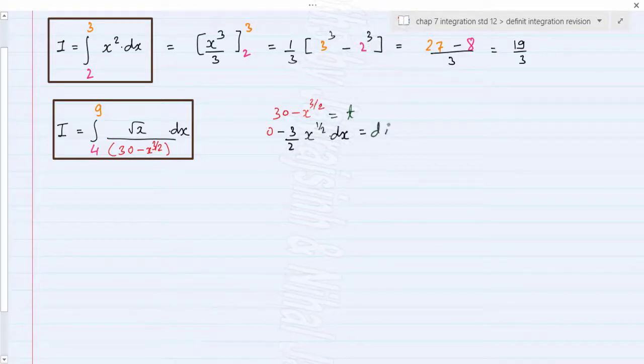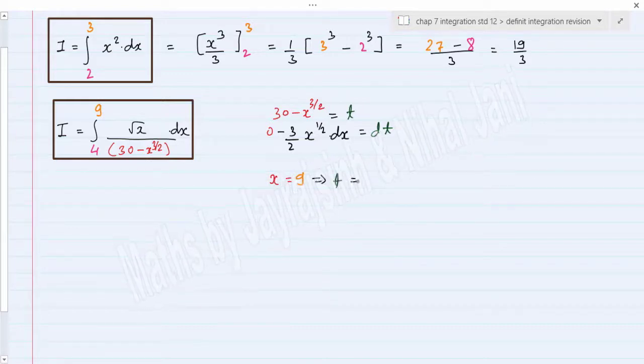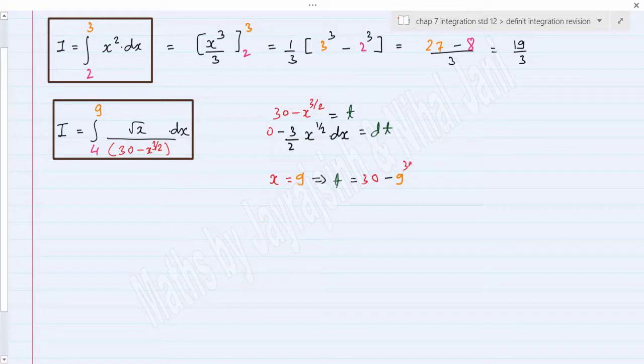Don't forget to change the limit, because this limit is for x, and now we are changing our variable from x to t. So when x is equal to 9, your t will be 30 minus 9 raised to 3 by 2.